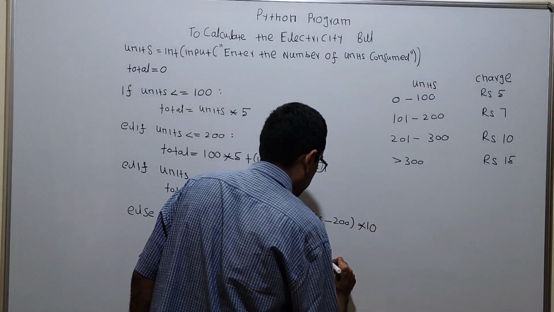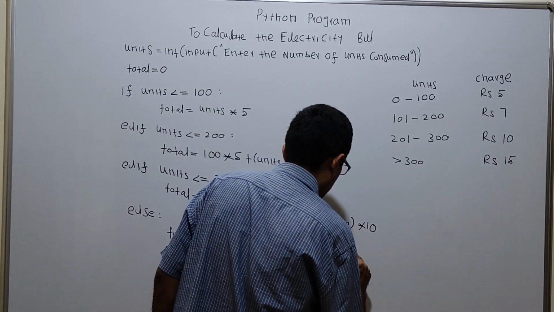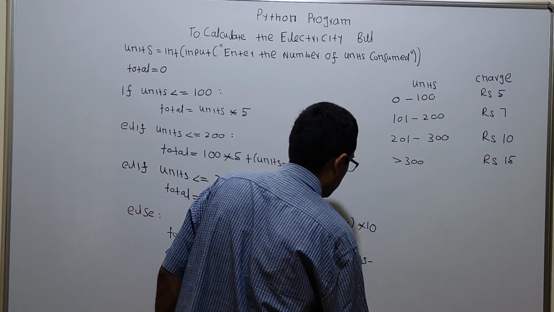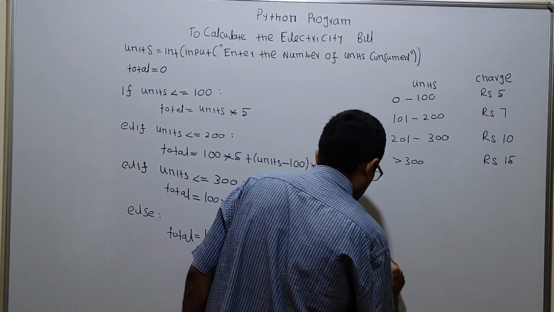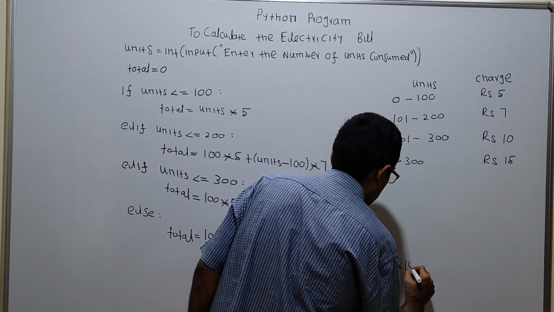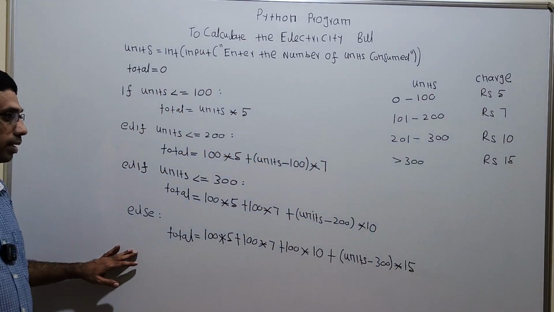For remaining units I am charging 15 rupees. So I am subtracting units minus 300, into 15. So my calculations are over.